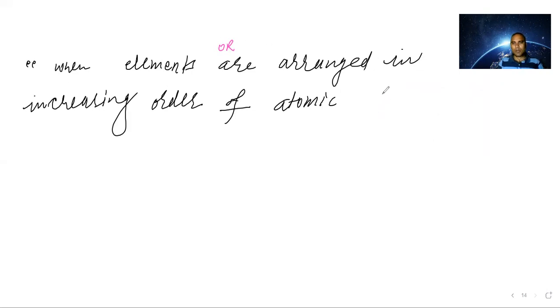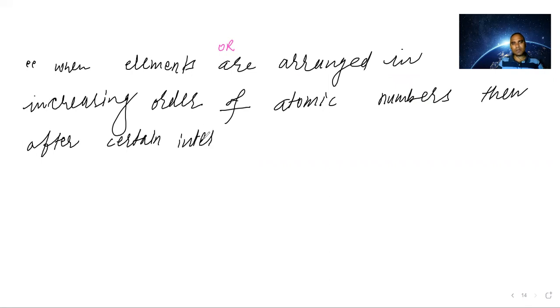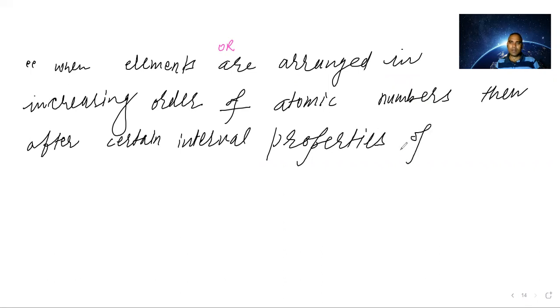When elements are arranged in increasing order of atomic numbers, then after a certain interval, properties of elements get repeated.